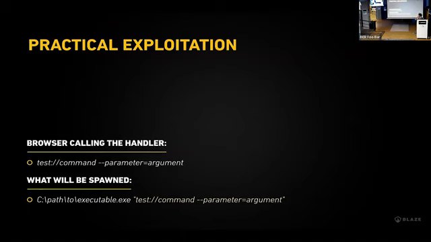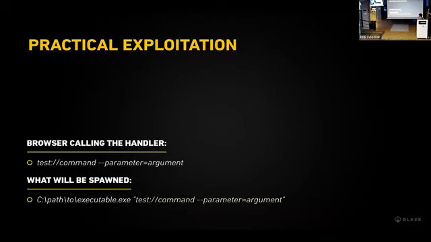This is the argument that we have here, the parameter and so on, within quotes. But it doesn't mean that if we pass a malicious parameter and some argument, it's going to be interpreted by the OS as an extra switch.